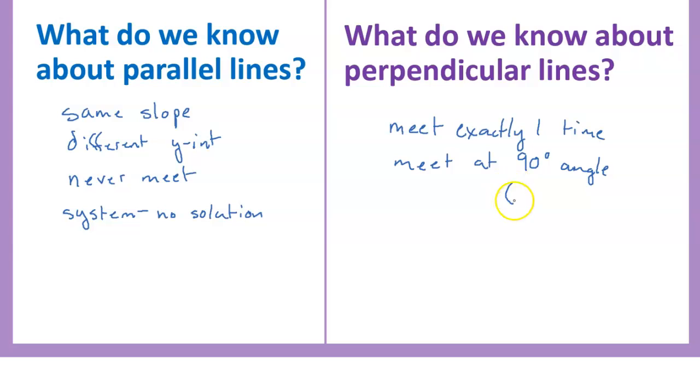We also call this a right angle. That's how we define a perpendicular intersection, or two perpendicular lines, is that they meet at a 90-degree angle. So that's just based on the definition. Is there anything else we know about perpendicular lines at this point?